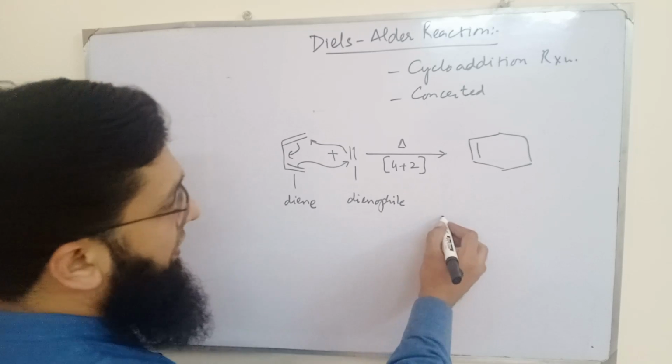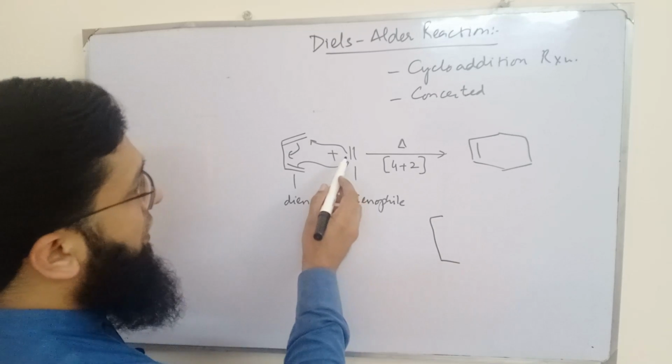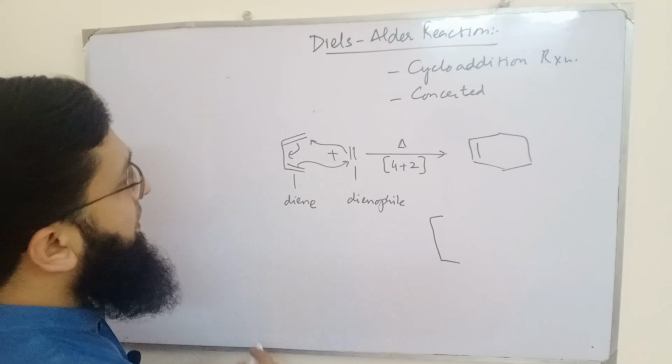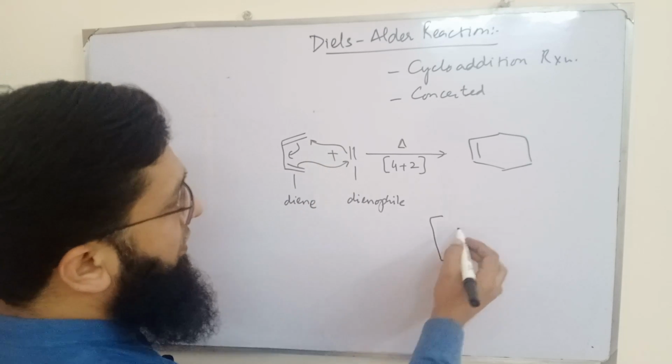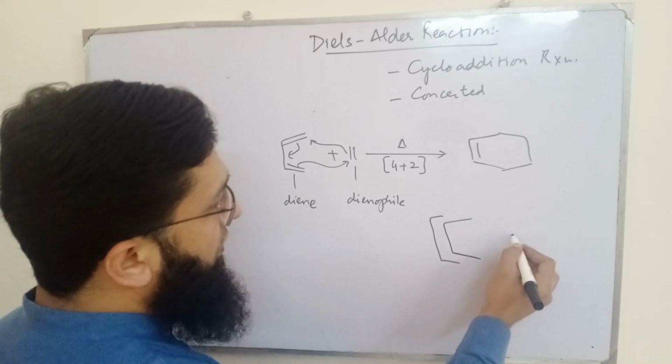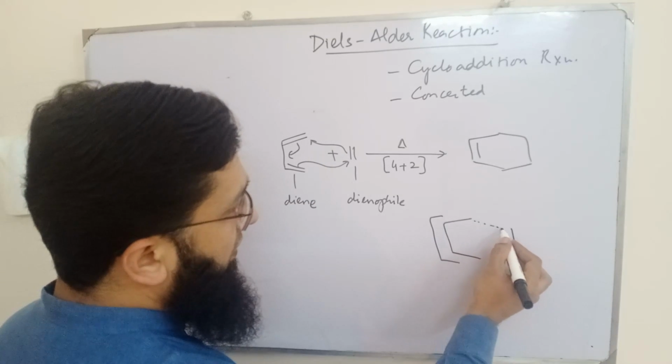In this reaction, a cyclic transition state is formed because the arrowheads and tails represent the formation or breaking of bonds. So all the bonds are represented as dotted bonds in a cyclic manner.